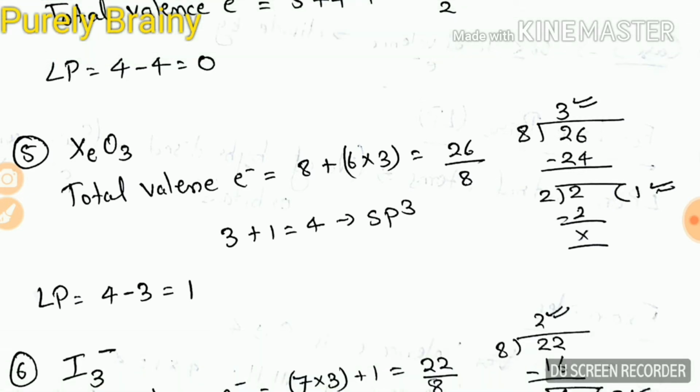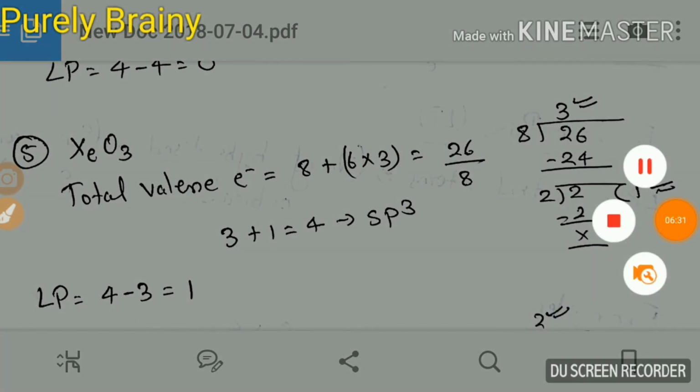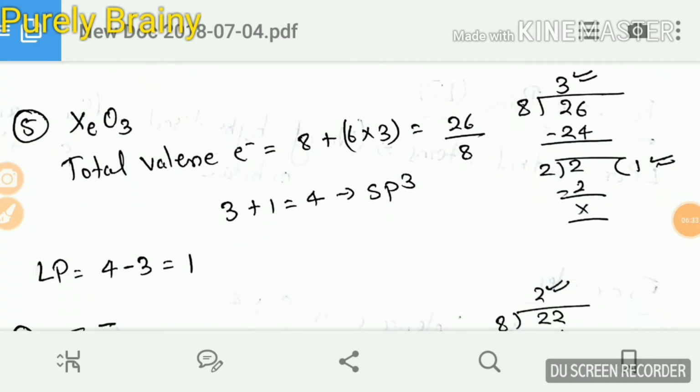Now we again divide 2 by 2 itself, so the remainder is 0. To calculate the total number of hybridized orbitals, we add both the quotients, that is 3 and 1. So the total number of hybridized orbitals will be 3 plus 1 equals 4, that is sp3 hybridization, and the lone pair will be 4 minus 3 equals 1.